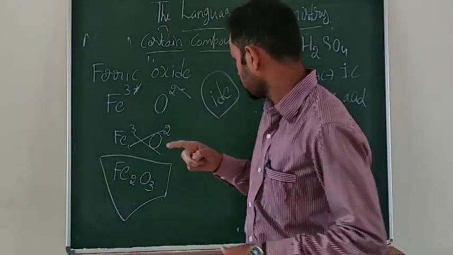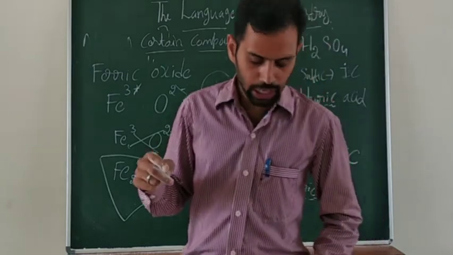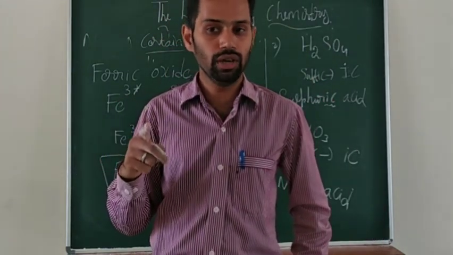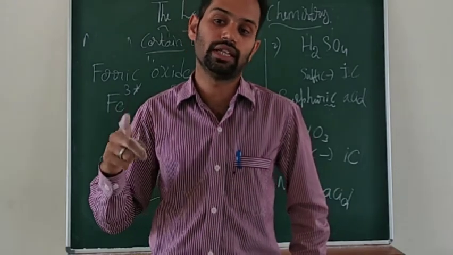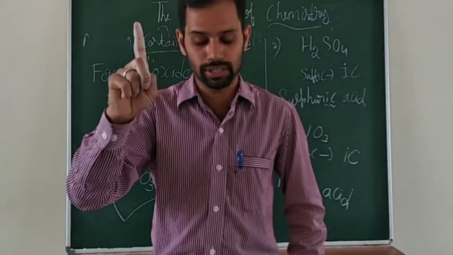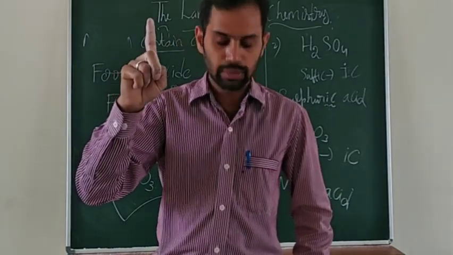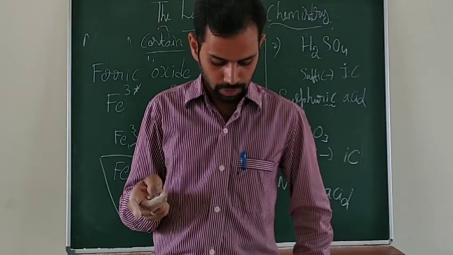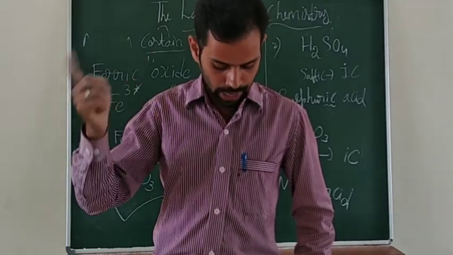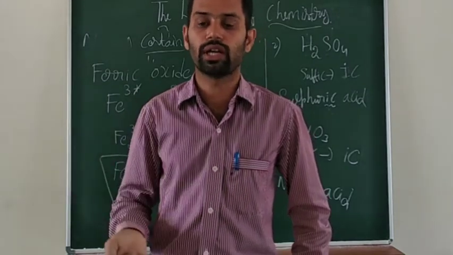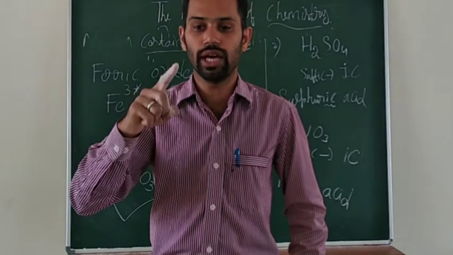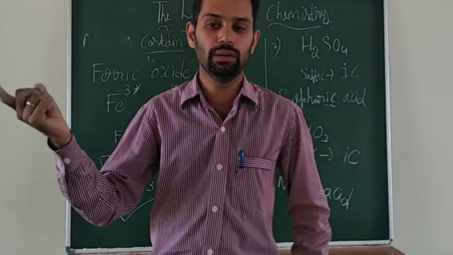Then next, two elements with oxygen, and be careful, the oxygen atom should be present at the last of the compound. For example, NaClO, only one oxygen atom is there. At that time we use the prefix hypo. Sodium hypochlorite.